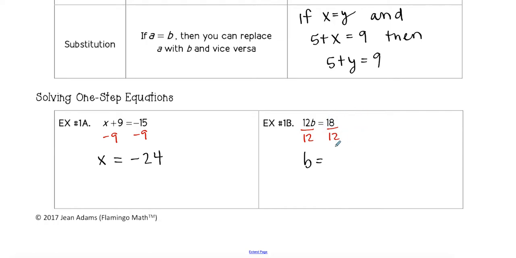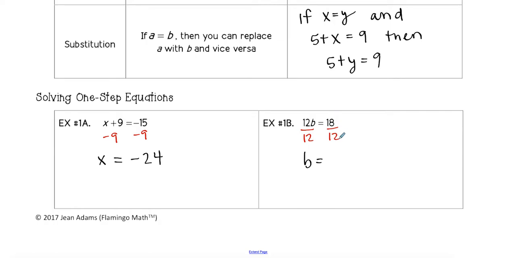That is not a pretty division, so we will leave it as 18 over 12, except you must reduce. So when we reduce things, we're asking ourselves, is there a number that can go into 12 that can also go into 18? So just thinking about this, well, 2 goes into both, but you want to find the biggest number. So 2 works.